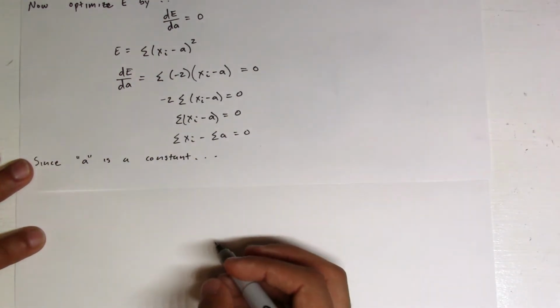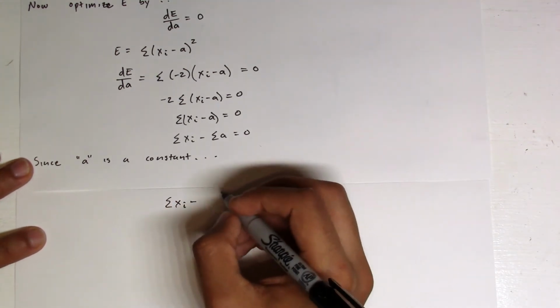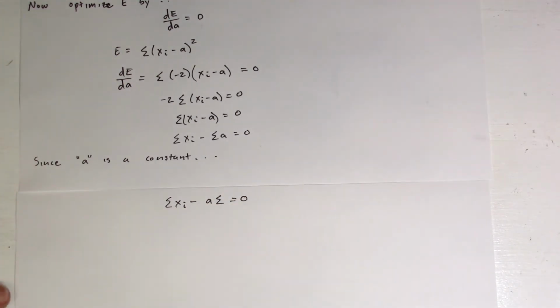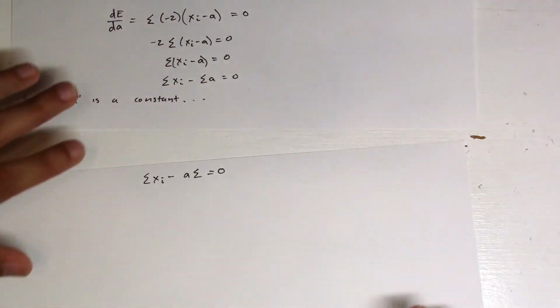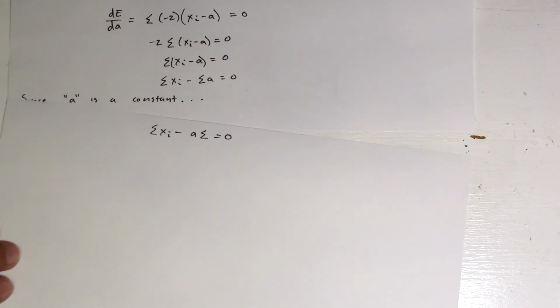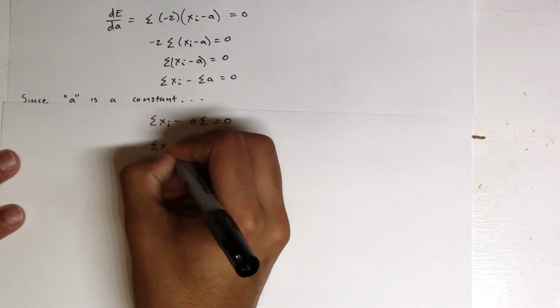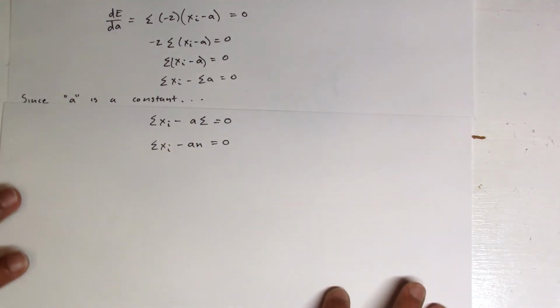So we can rewrite the equation as the sum of xi minus a times the sum from i equals 1 to n. And as before, the sigma by itself is simply the iteration times the coefficient. So we have the sum of xi minus a times n equals 0.